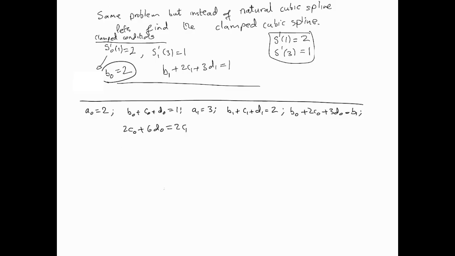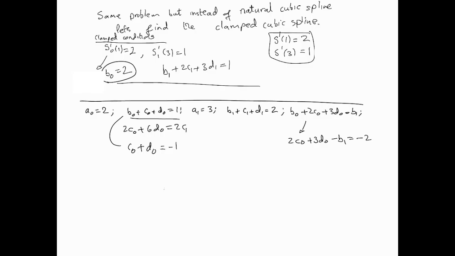This one will become c0 plus d0 equals, with the 2 going to the other side, minus 1. And this equation will be updated to 2c0 plus 3d0 minus b1 equals, taking the 2 to the other side, minus 2.